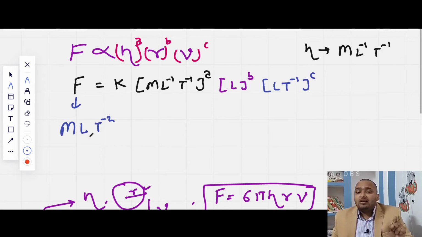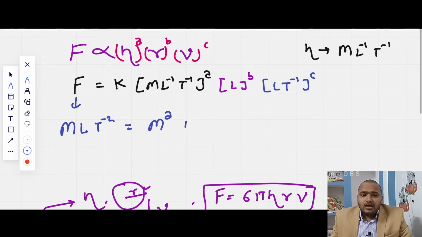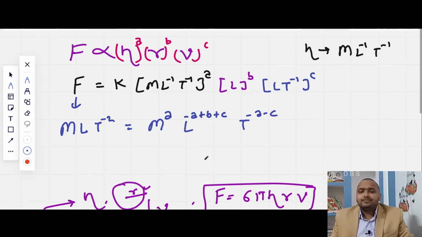The dimensional formula of the constant is simply 1. So we write M to the power a, L to the power minus a, L to the power b, L to the power c, so L to the power minus a plus b plus c. Then T to the power minus a, and minus c.